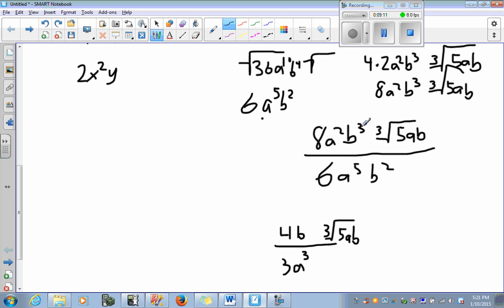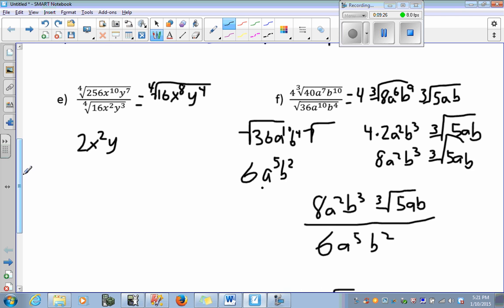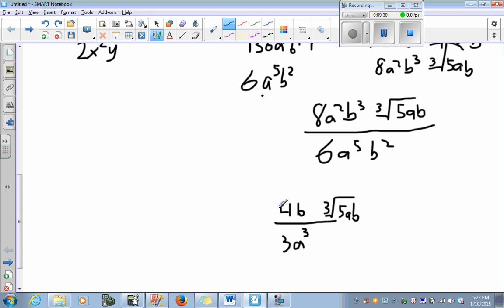Here we have b cubed divided by b squared, which is b to the 3 minus 2, which is just simply b, which is in the top, and then we just bring down our cubed root of 5ab. So, all of this gave us 4b over 3a cubed, the cube root of 5ab.